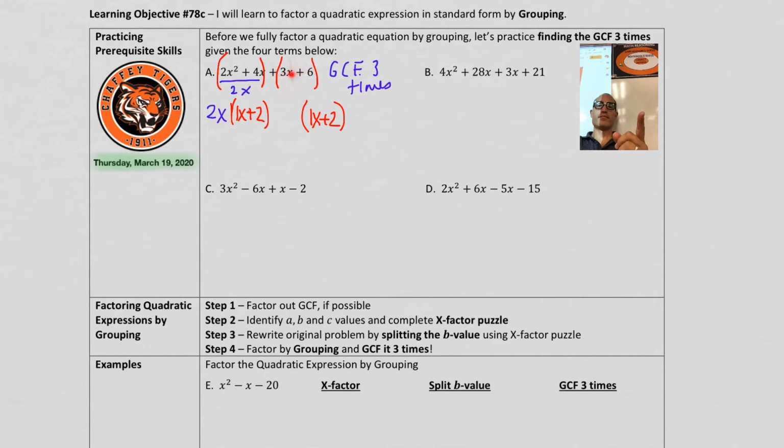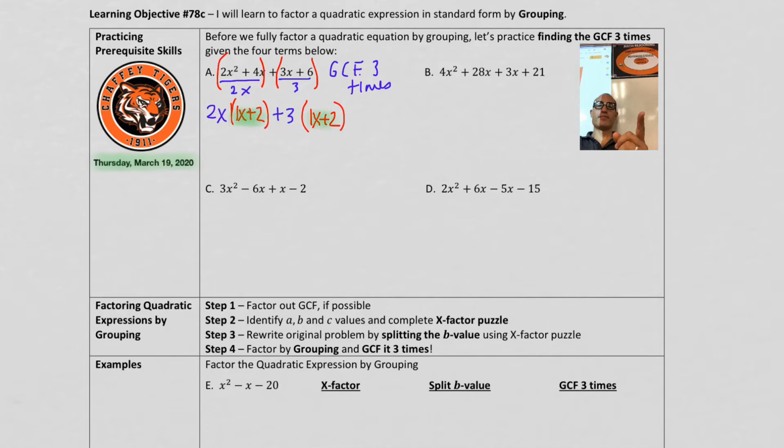So the GCF here that I can divide by is going to be 3. If I divide each of these by 3, so this 3 comes out here on the outside of the parentheses, then I'm left with 3 divided by 3 is 1x, good, and 6 divided by 3 here is 2, so that works.